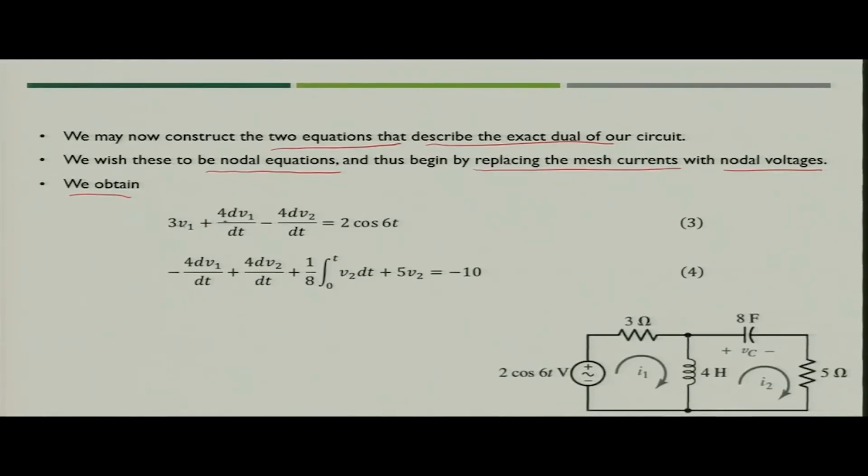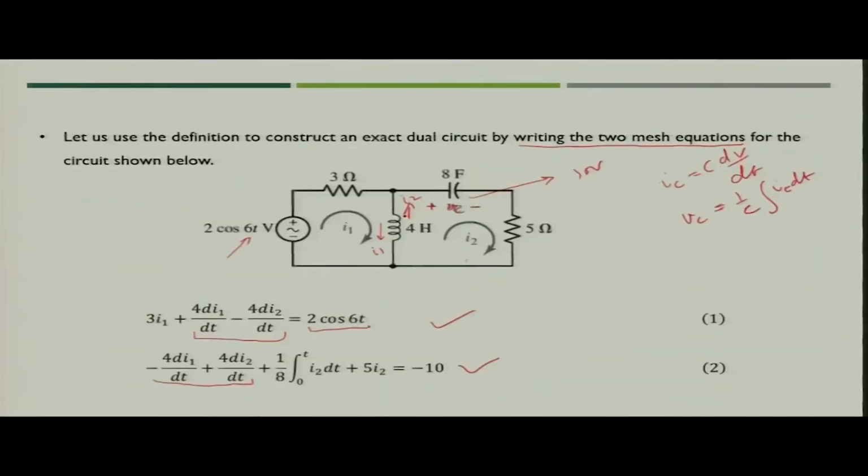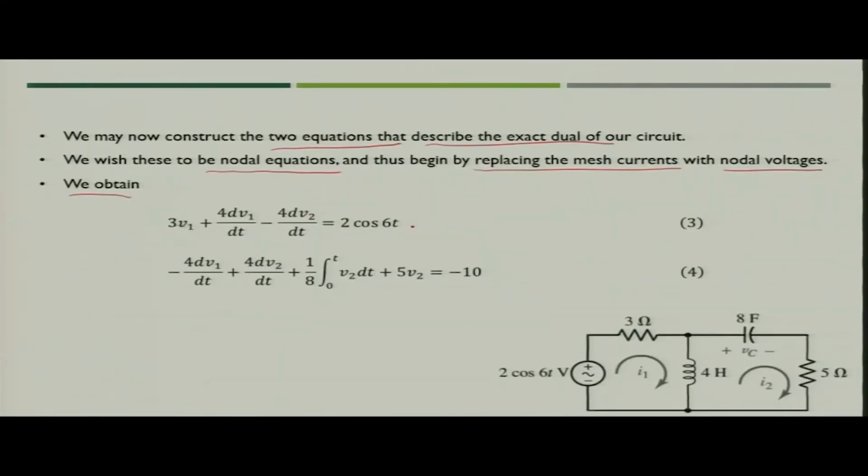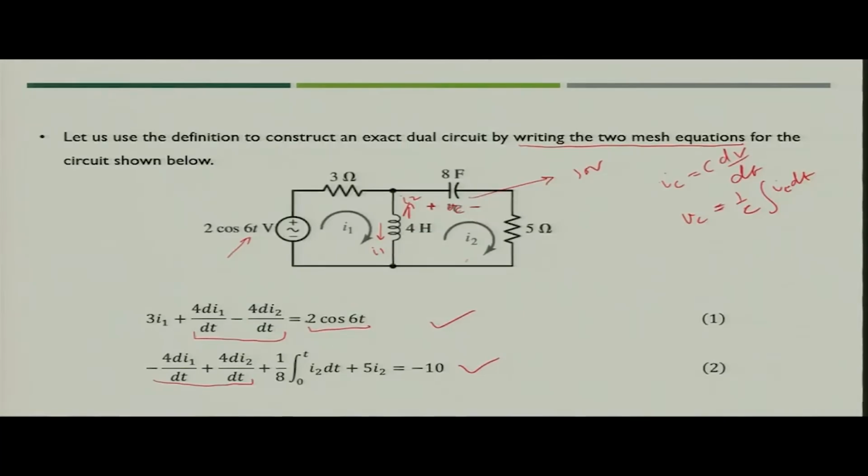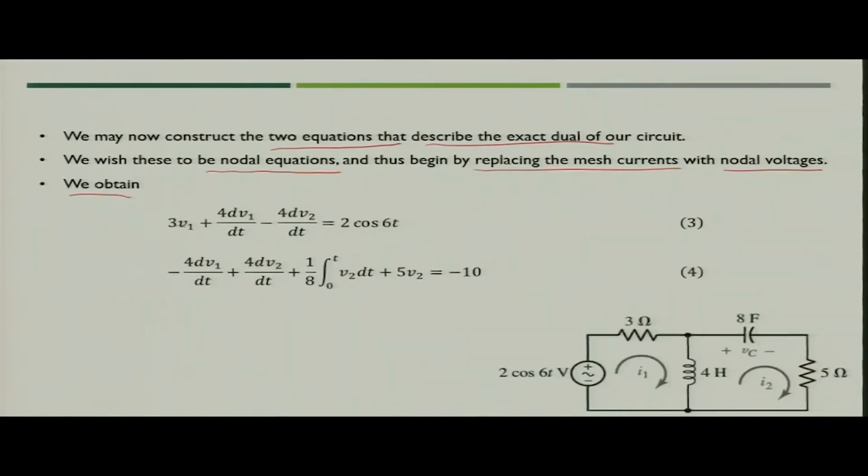So, what will we write? 3 V1 plus 4 dV1 by dt minus 4 dV2 by dt, because here di1 by dt minus di2 by dt is there, and then 2 cos 6 t. This will remain the same from a value perspective, but not from the source perspective, which we will discuss going forward.